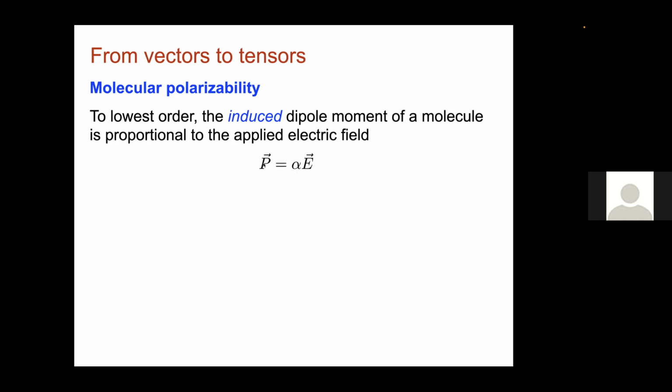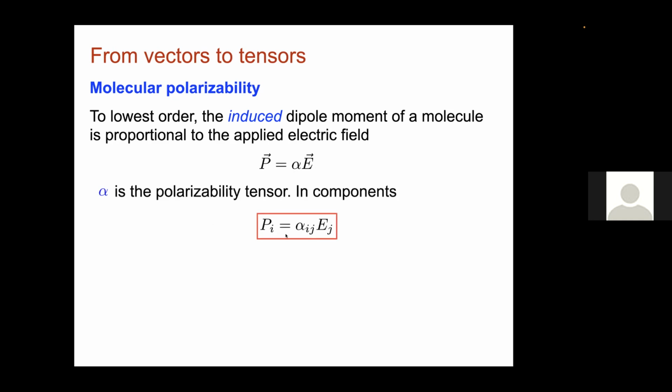In general, for a non-isotropic molecule, these two things are not parallel, and this is a tensor. Okay, so in components, that's how we do it. I always assume that there is a sum over repeated indices. Okay, so unless I say otherwise, whenever you see a repeated index, that implies a sum, because it's a lot easier to write equations like this. Okay.